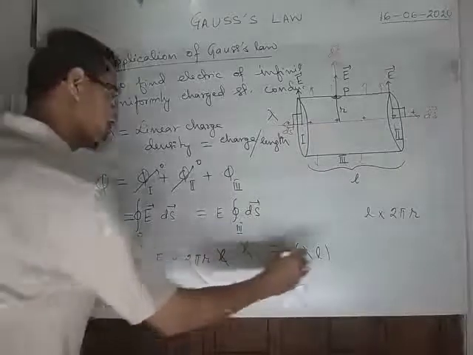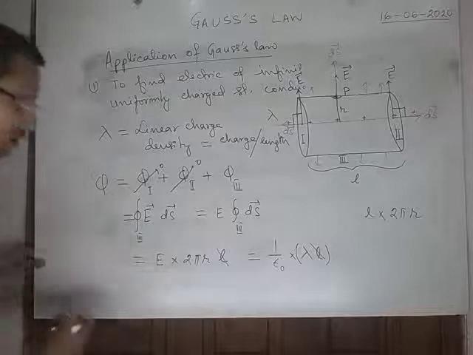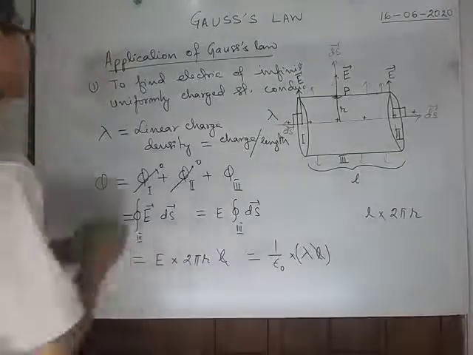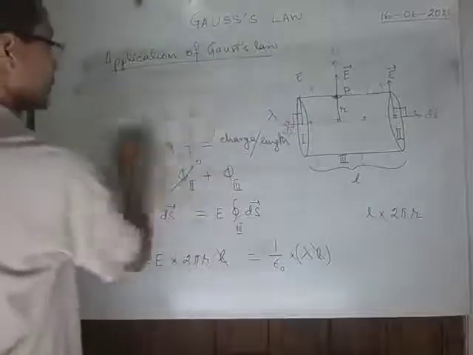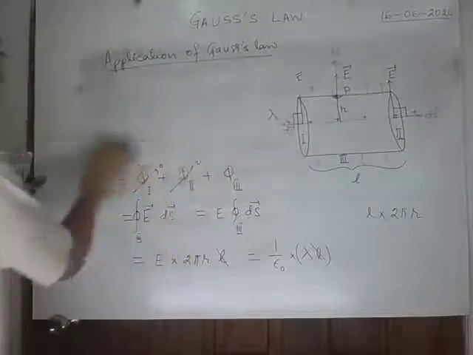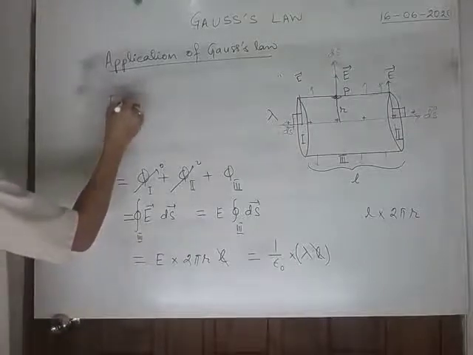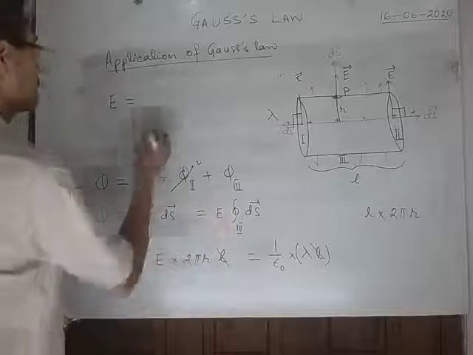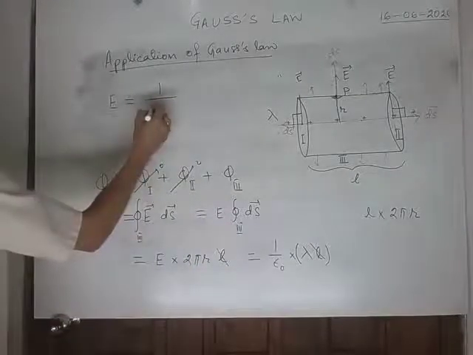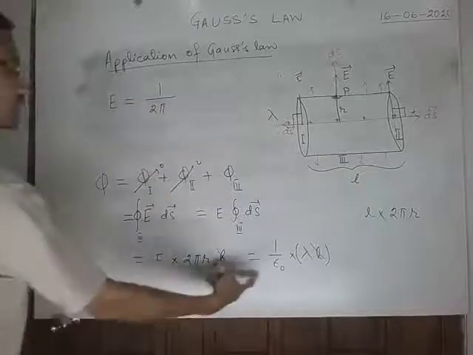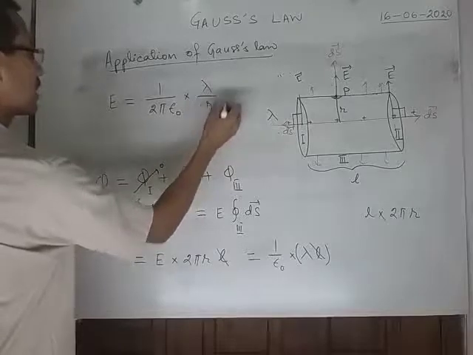Your L will cancel with L, and so from here your electric field E can be expressed as E is equal to 1 by twice pi epsilon naught, lambda by r.